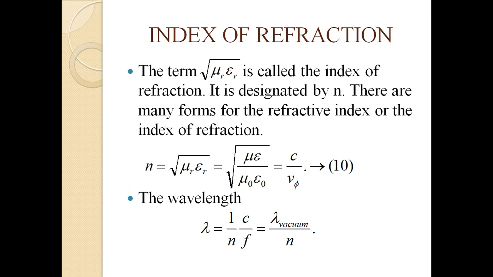The term root of mu r epsilon r is called the index of refraction. It is designated by n. There are many forms for the refractive index.